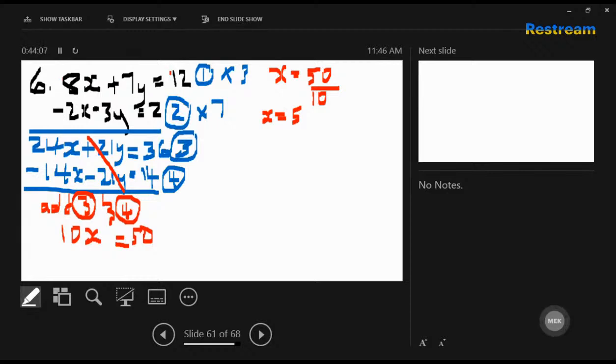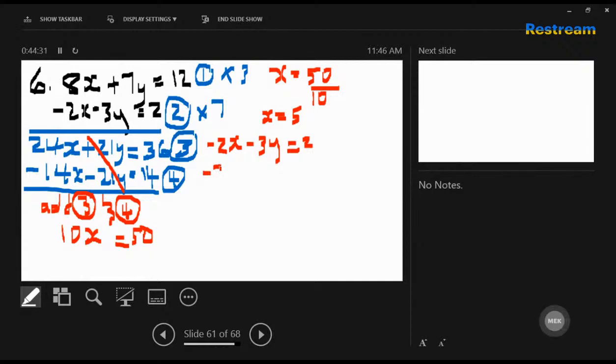If we work with the first one, we end up with bigger numbers, and it's easier to work with smaller numbers. But the second one has negatives, which some persons have a problem with. I'm going to go with equation 2, so that's negative 2x minus 3y is equal to 2.